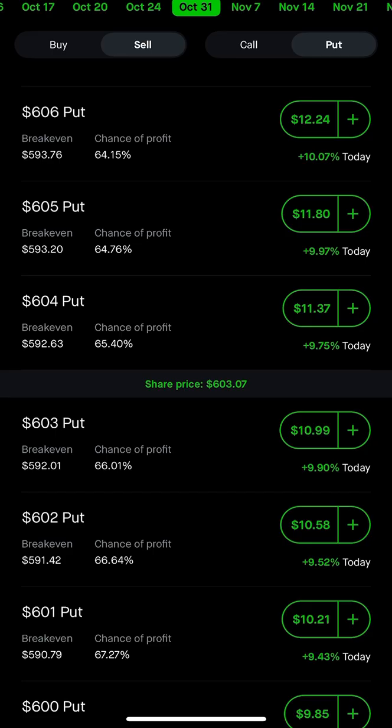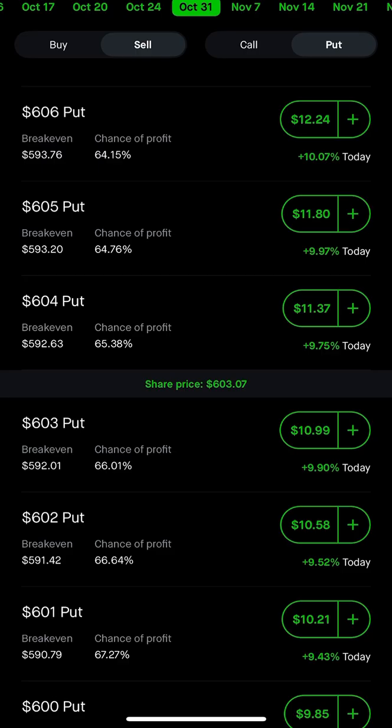So one of the basic trading concepts I wanted to go over with you is the difference between intrinsic value and extrinsic value. So intrinsic value is going to be the difference between the option strike price and the underlying asset's price. Now, all of the assets that we trade are going to be out of the money, which means they have no intrinsic value.